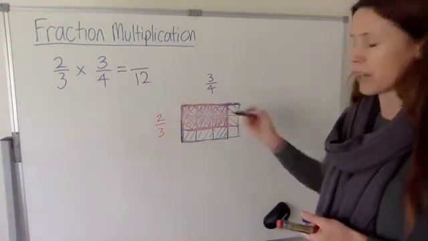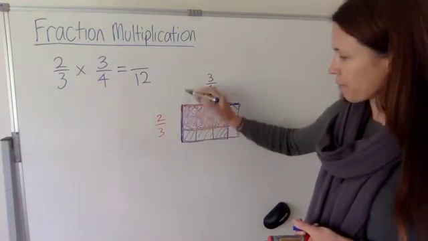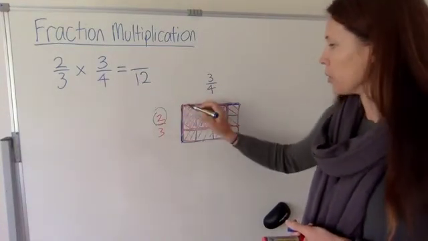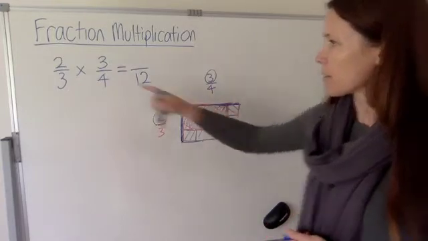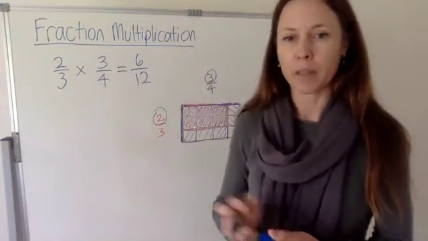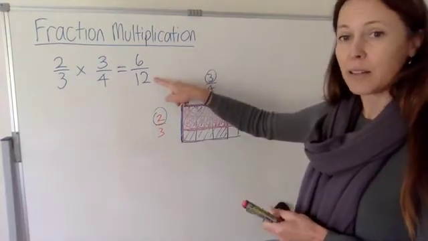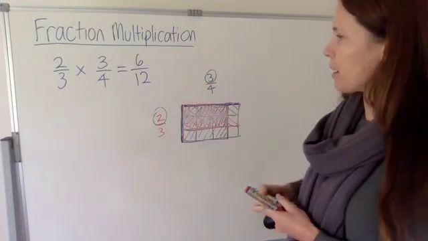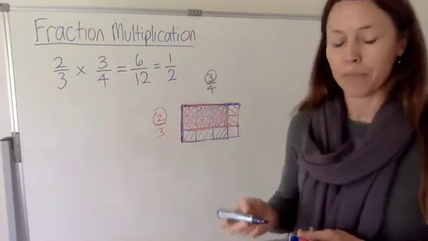And the number of boxes that I've shaded twice, well, this box is 2 tall because this number is 2, and it's 3 wide because this number is 3. 2 3s are 6, so I really just need to multiply the top by the top to get the top. Now you might say, hold on a minute, 6/12, that's not the best answer. 6 out of 12 is the same as 1 out of 2, or half.